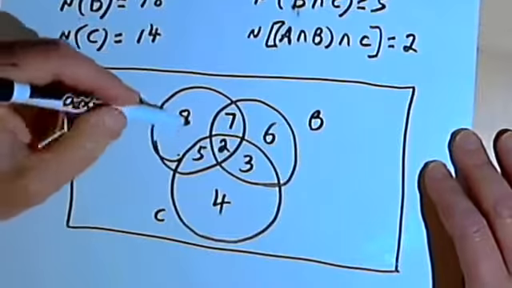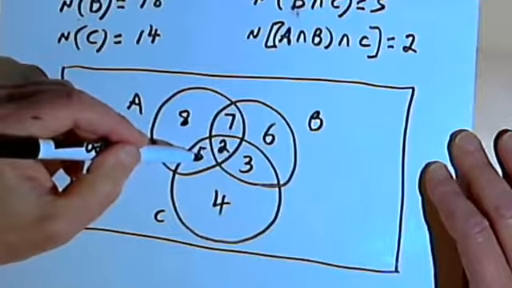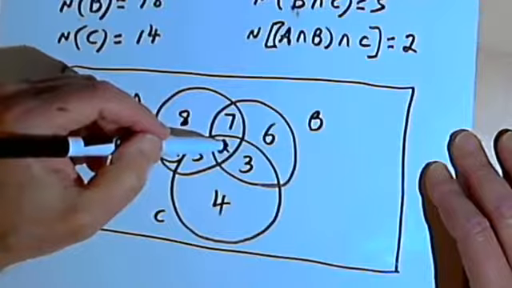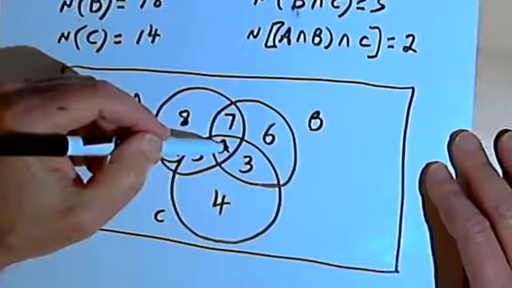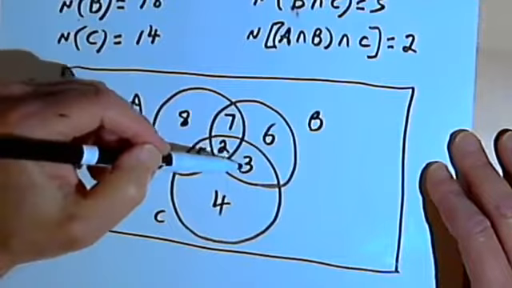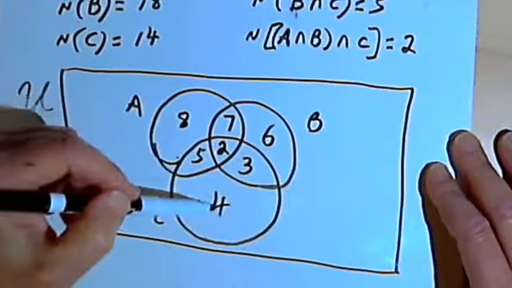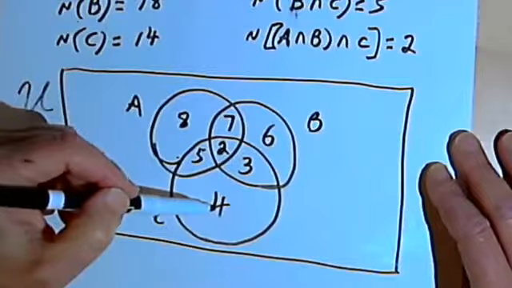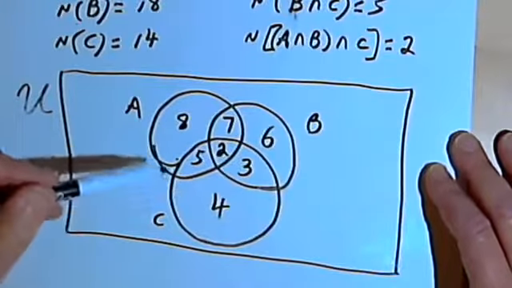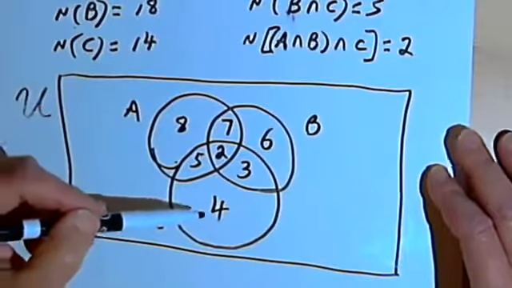So let's see. 8 plus 7 is 15, plus 5 is 20, plus 2 more is 22, plus 6 over here is 28, plus 3 is 31, and 4 more would be 35. So there were 35 students taking algebra or biology or chemistry or some combination of them.